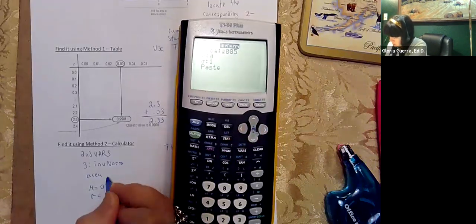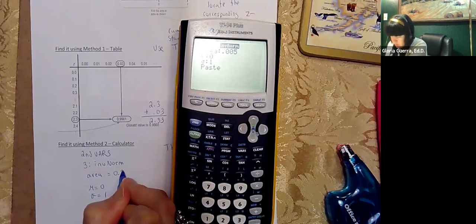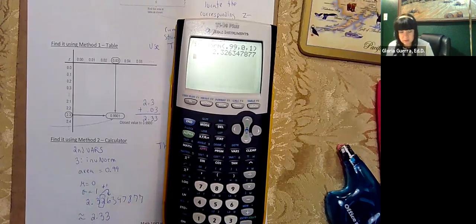So that's why I would put that as 0.99. 0.9901. 2.32634787. And I round to the nearest hundredths. Look at the digit at 5 or more. Yep, it's a 6, so add 1 to that. So we're looking at 2.33. And it's right tail, so we're going to use positive answers for that.